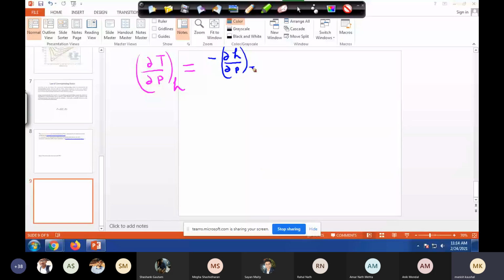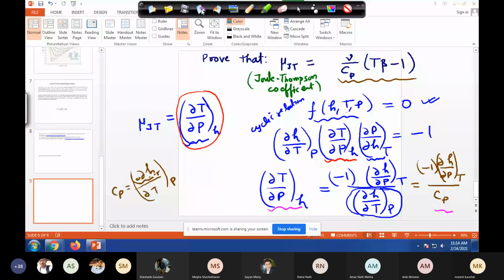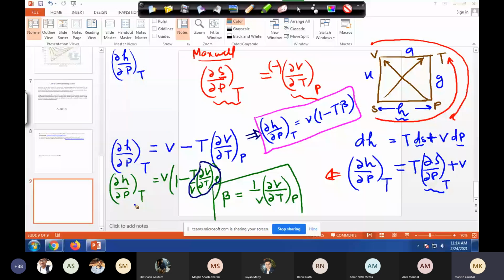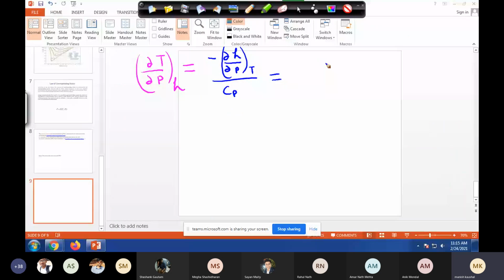And we just got ∂H/∂P at constant T, V common 1 minus T beta. So with the minus sign, it will be V common, T beta minus 1, and then here we have Cp. That's what we wanted to derive. That's nothing but mu JT.